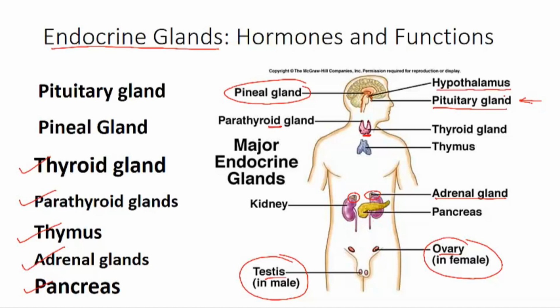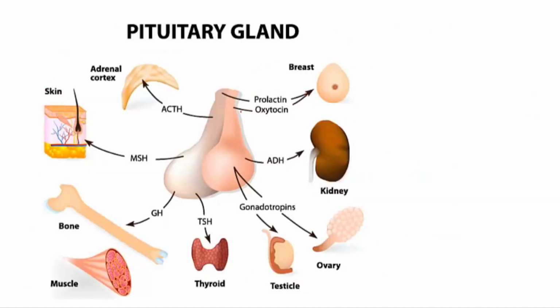Now let's look at the pituitary gland, which is one of the most important endocrine glands in our body. If you look at the pituitary gland structure, it is divided into two different lobes. One is known as the glandular lobe, and another one is known as the neuronal lobe.